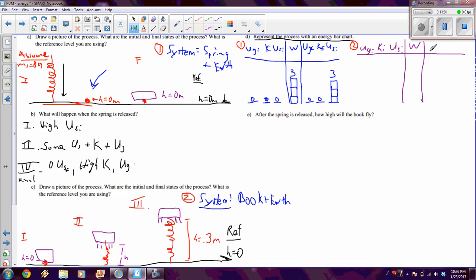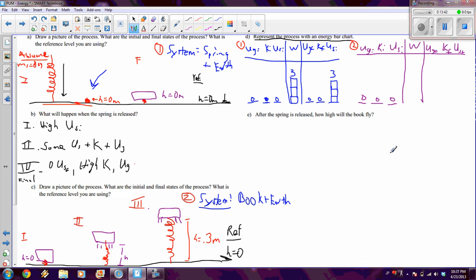We have final potential, final kinetic, and final elastic potential energy. In this case, the book is on the ground, so there is no gravitational potential energy. The book is not moving, so there's no kinetic energy. And the spring is not in the system, so the book does not have any elastic potential energy, so we'll say 0.